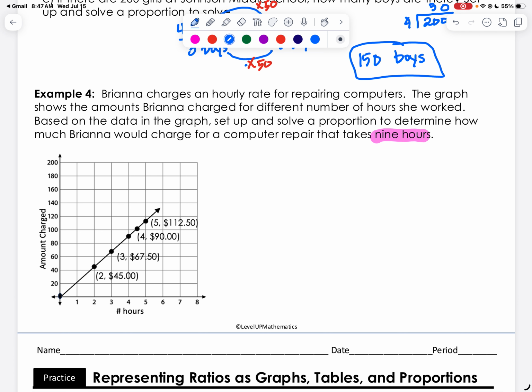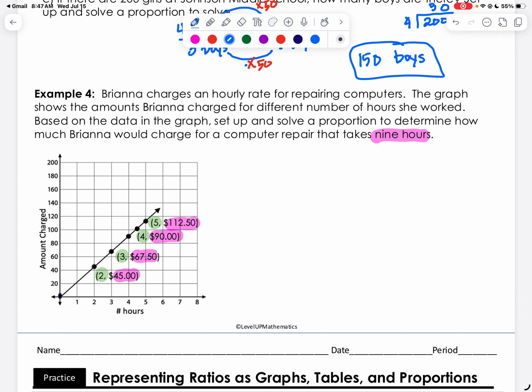Okay, so first of all, I want you to notice in this graph, they've given us the ordered pairs. The X values are your number of hours, and the Y values are the amount that she charged.